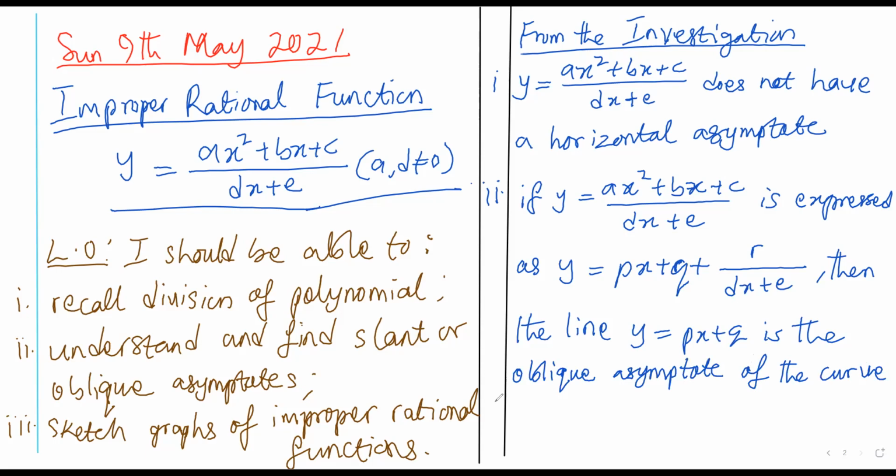Maybe before I write that, I can combine it. Because as absolute value of x tends to infinity, the curve, the rational function, r over dx plus e tends to what?